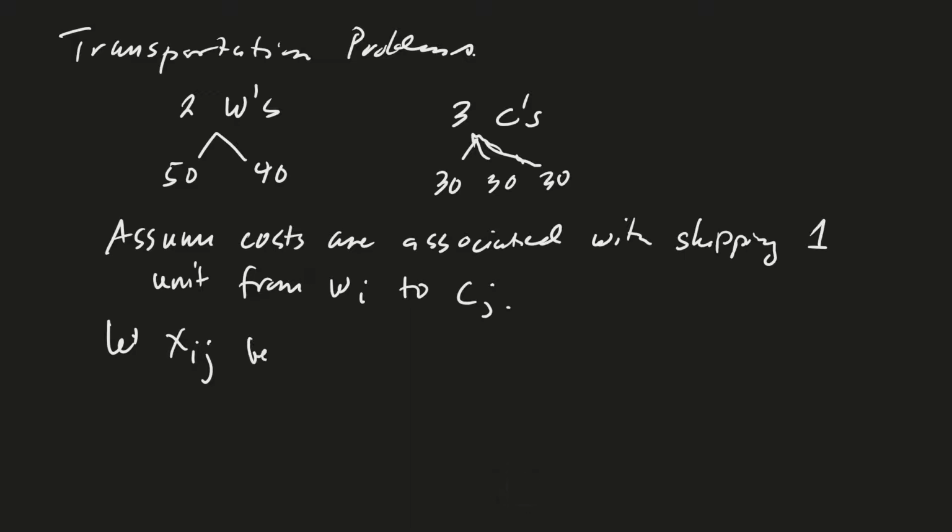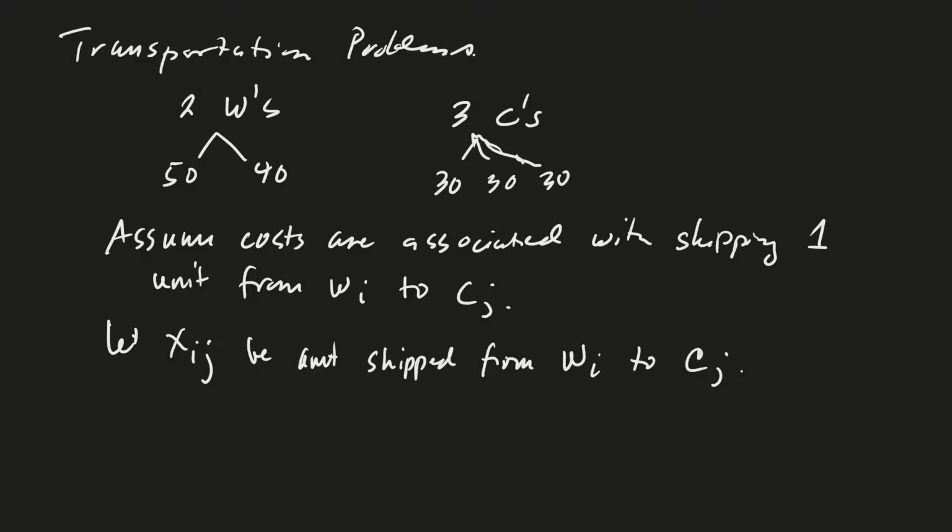Xij is the amount shipped from warehouse I to customer J. I'm using C's for customers; I probably should have used C's for my costs. Well, if you see a C with a double subscript, it's a cost.